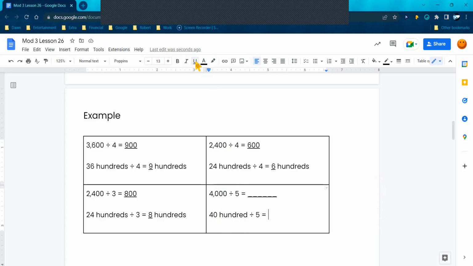I see that that's 8. 8 hundreds. Now that I have the partial word form right here because I have a number with it, I know I need to turn this into a straight number. So that is 800.